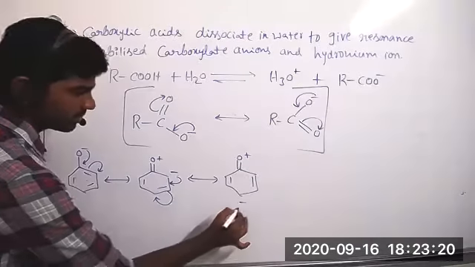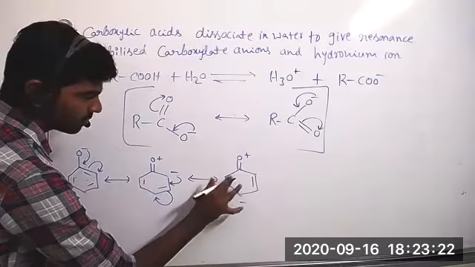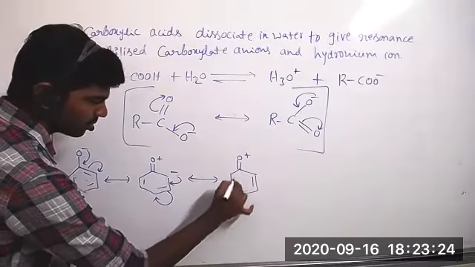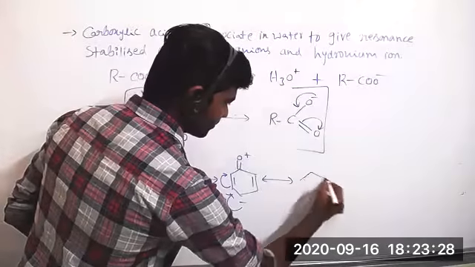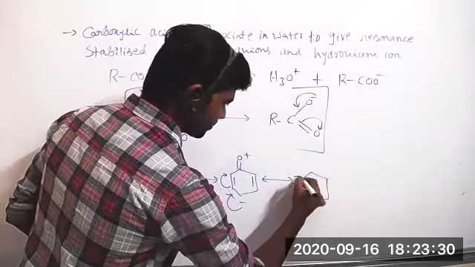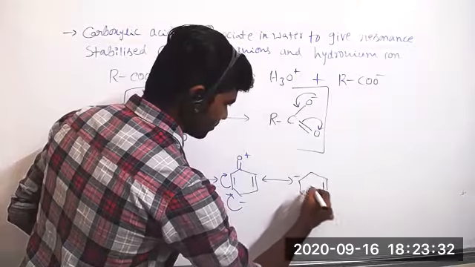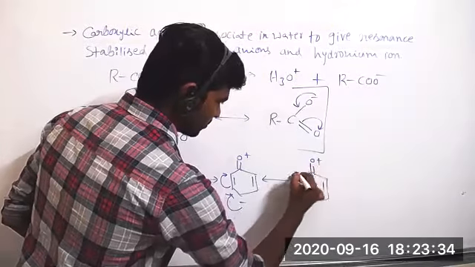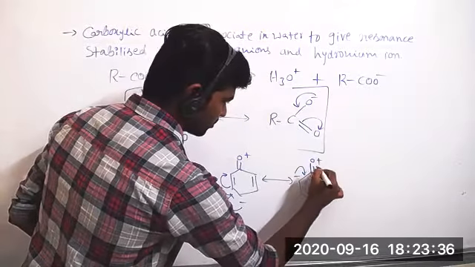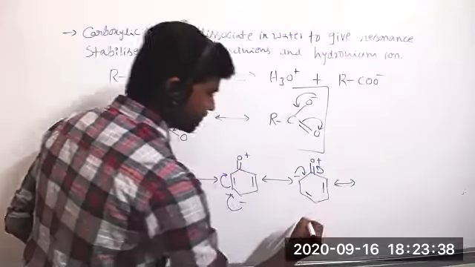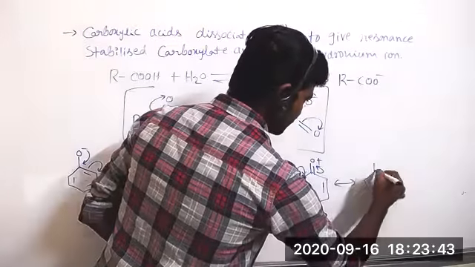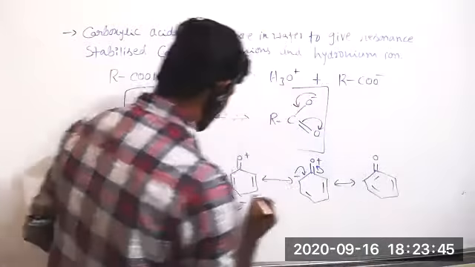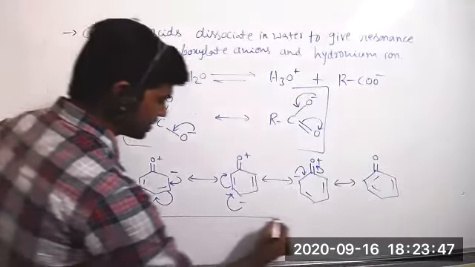Here negative charge. So these three are the resonance stabilized structures of phenoxide.